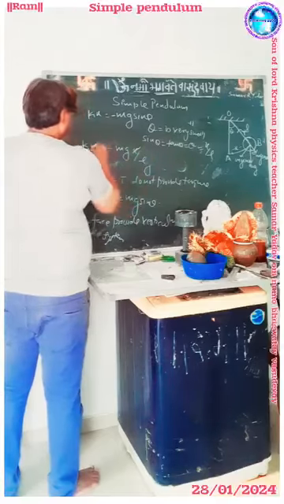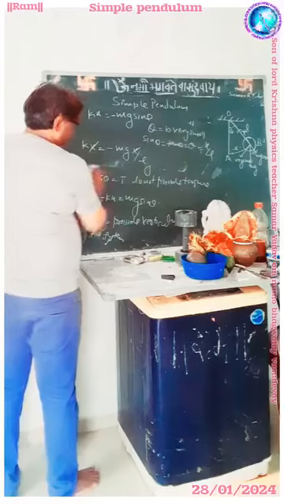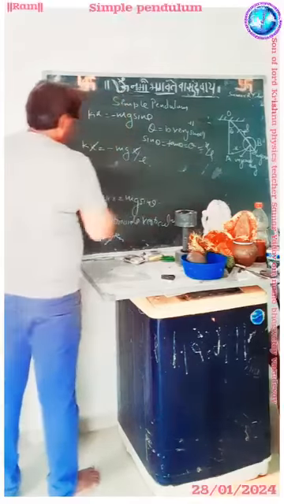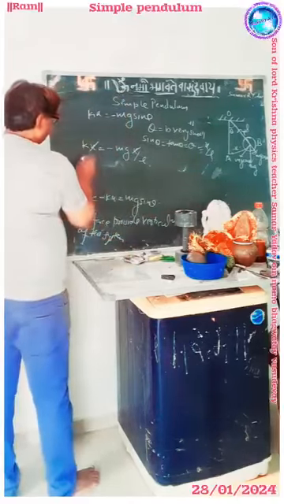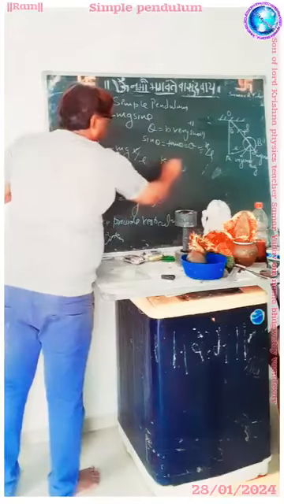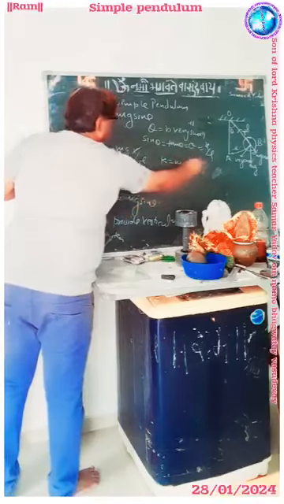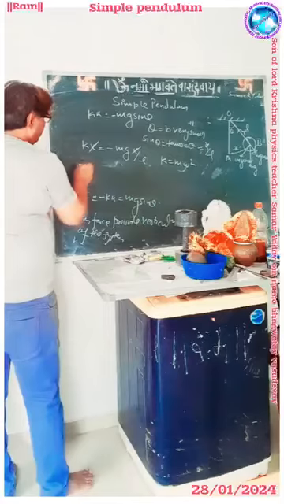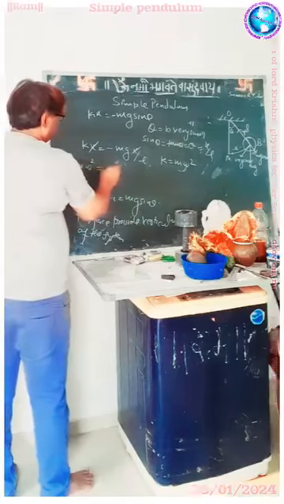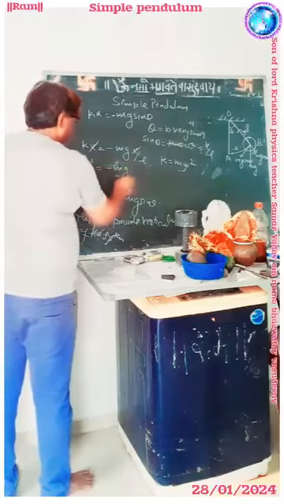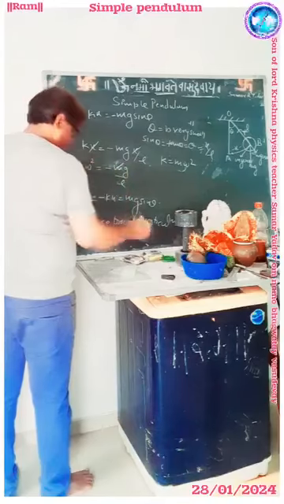x will be cancelled, and simplifying again, we know that k is equal to m omega square for rotational motion. So keeping this value, m omega square is equal to minus mg upon l, m will be cancelled.